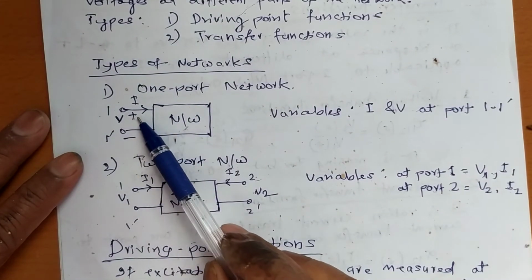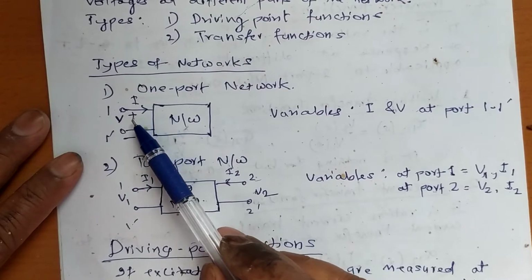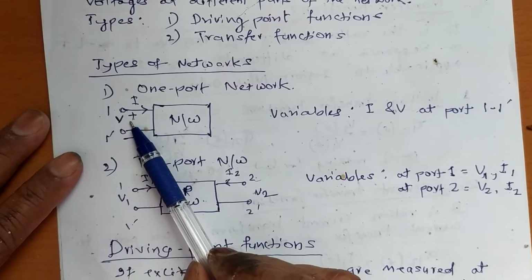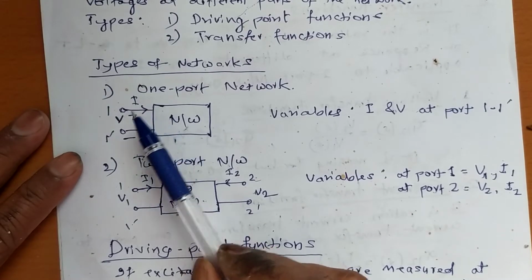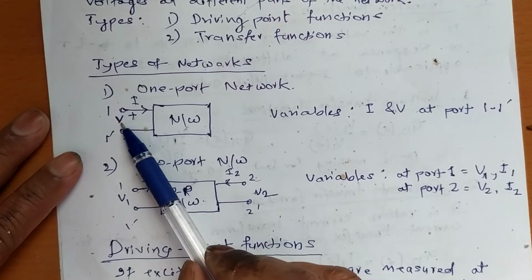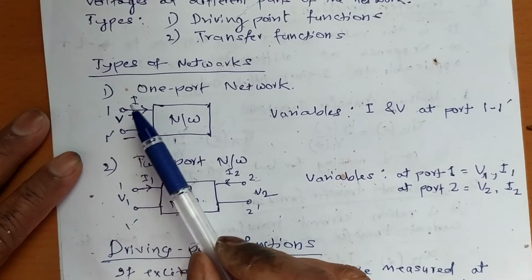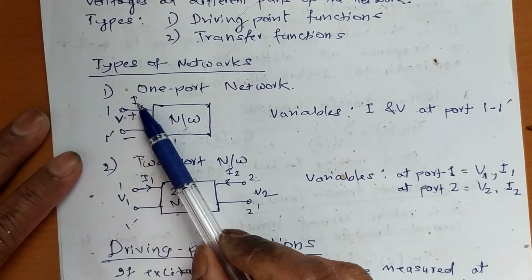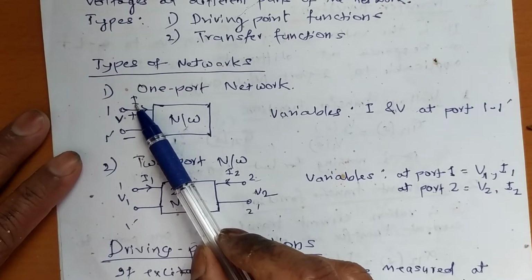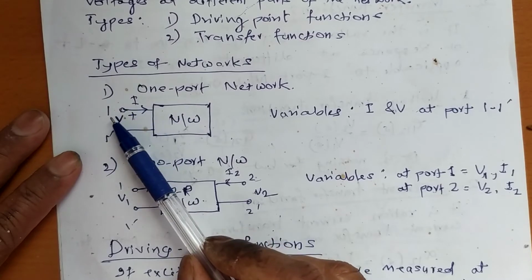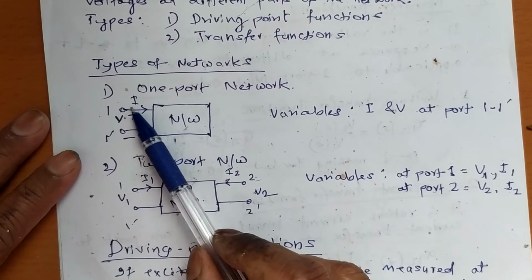The possible ratio here, voltage by current, is impedance, so V(s) divided by I(s). That means the Laplace transform of input V(s) and the Laplace transform of output I(s) gives a function, named driving point because when you apply the input, it drives some current.